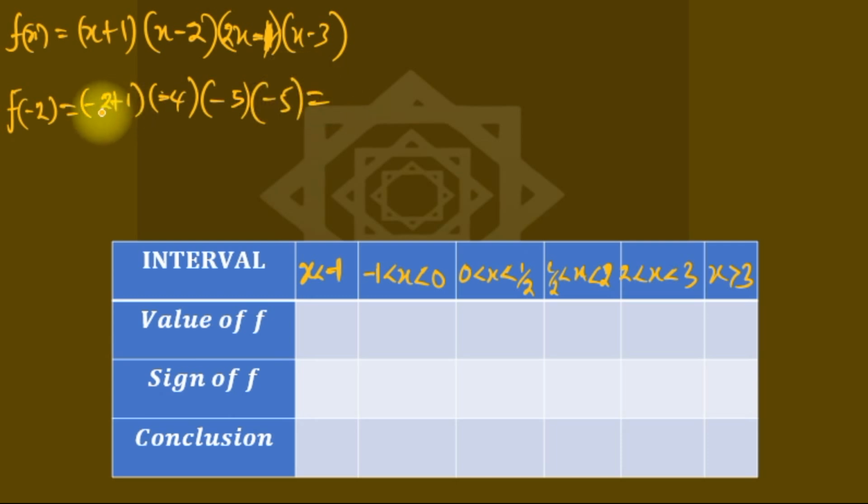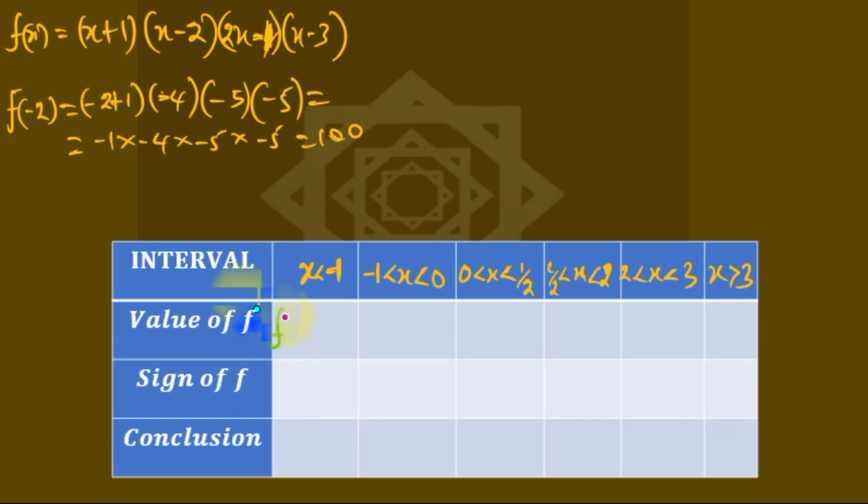So what do you get? This is -2 plus 1 is -1 times -4 times -5 times -5. So this is 100. We tested f of -2 and it gave us 100. And 100, the sign is positive, which means it is above.